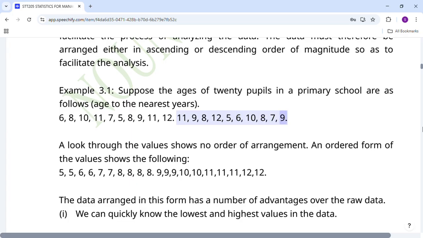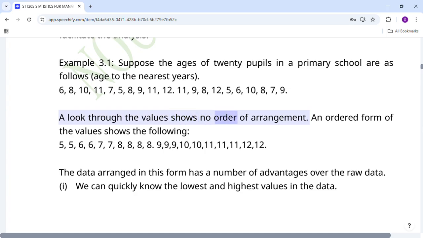A look through the values shows no order of arrangement. An ordered form of the values shows the following: 5, 5, 6, 6, 7, 7, 8, 8, 8, 8, 9, 9, 9, 10, 10, 11, 11, 11, 12, 12.